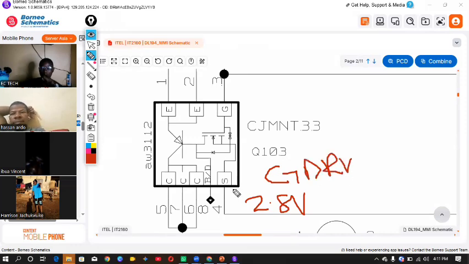Now this voltage is coming to this place to switch this transistor.